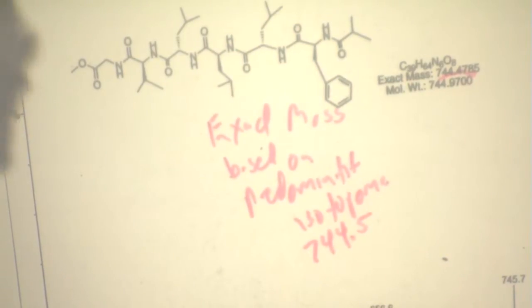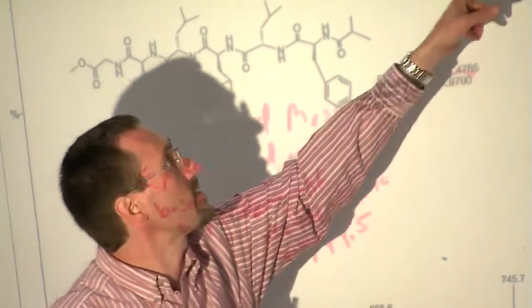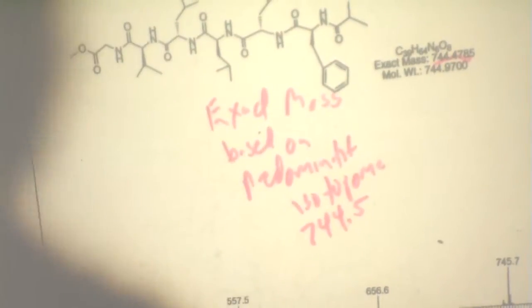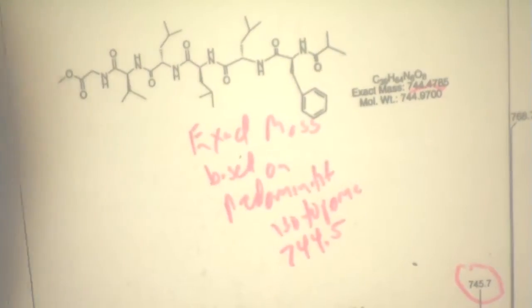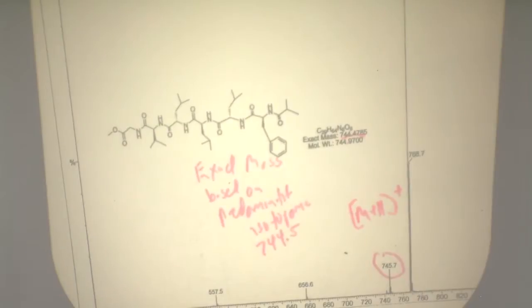And so if you look at the mass spectrum, the first peak you see here is this peak at 767.6. Here you see a peak at 745.7. So this peak is your M plus H plus.